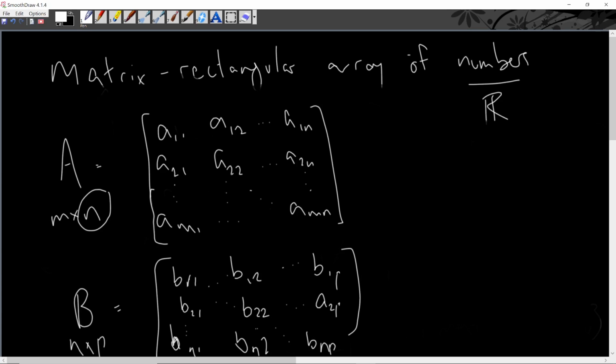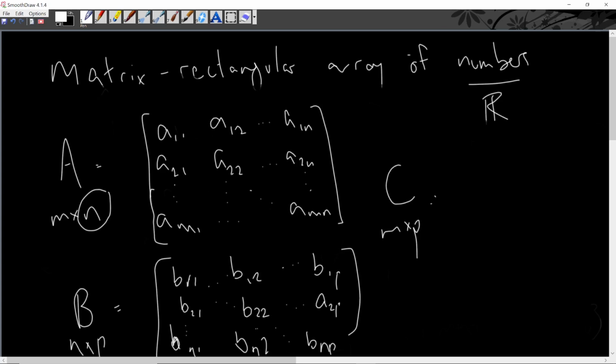And then C, we want C to be a product, and we'll call C some m by p. We'll call C some m by p, and this will be the same kind.